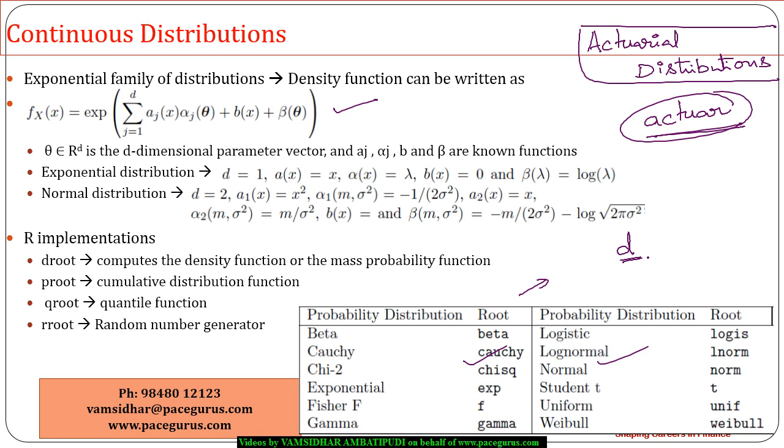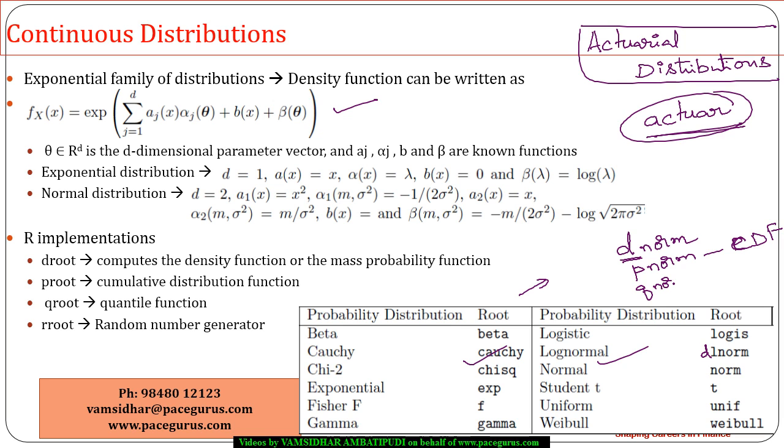We talk about the density function prefix. So when I say dnorm, it's a normal distribution, right? Or probably when I say dlnorm, it is the log normal distribution, the density function of that particular distribution. Then if I put p as a prefix to this, it is called the probability distribution function, which is the cumulative distribution function associated with this.